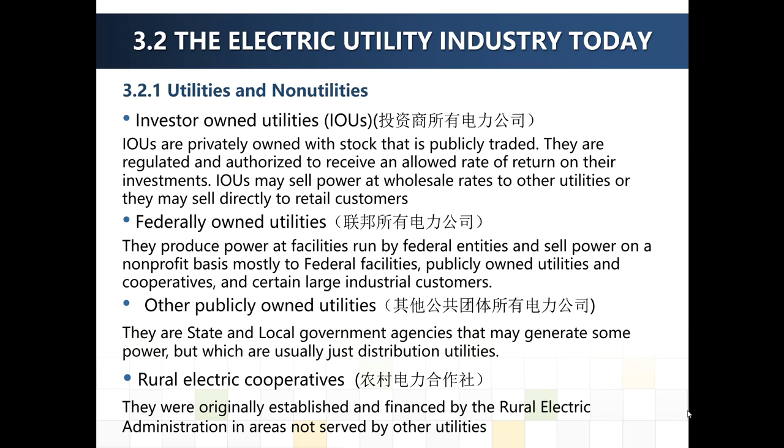Federally owned utilities produce power at facilities run by entities such as the Tennessee Valley Authority and the Bonneville Power Administration. They sell the power on a non-profit basis, mostly to federal facilities, publicly owned utilities, and cooperatives.